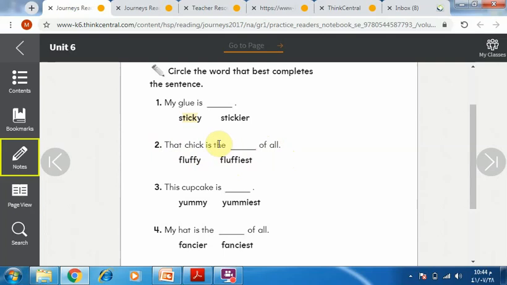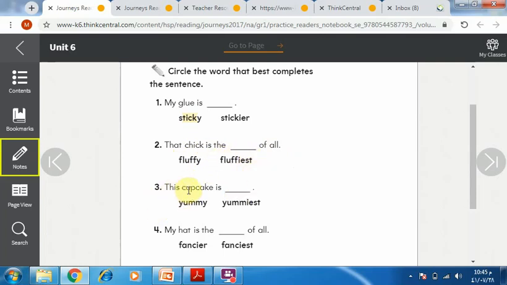You see the. That's one of the keywords that means I'm comparing 3 or more. So you choose the one with EST. Yes, this is the correct answer because I'm comparing that chick to all the chicks. That chick is the fluffiest of all. This is the correct answer. So please circle this one.